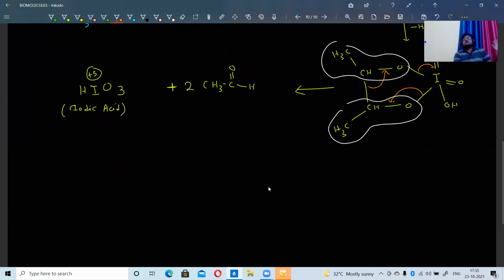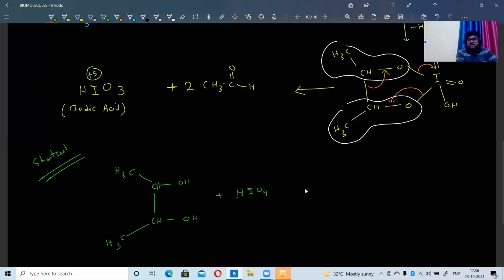Now, what is the shortcut? If you write down all the reaction, it will take time. So that's why always go for the shortcut method. The shortcut method is very, very interesting. Don't go for the logic for the shortcut, just remember it. Look, CH3, CHOH, again CHOH. Whatever vicinal diol system is present, you have to break this bond and add OH from here.